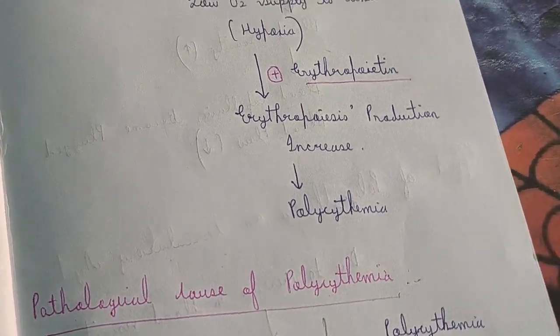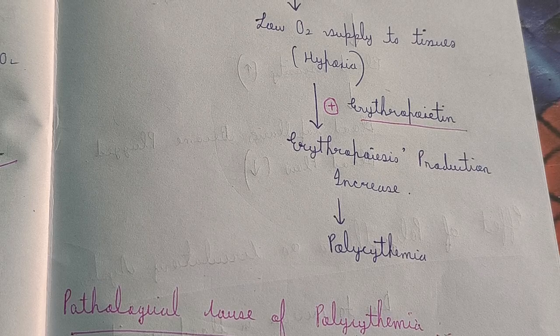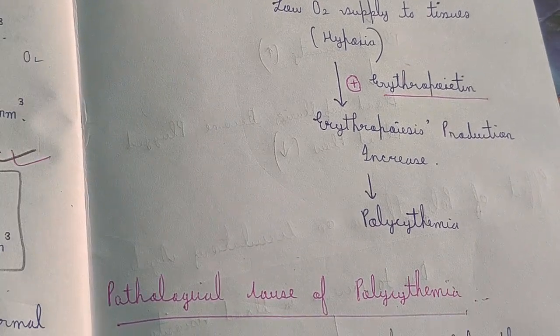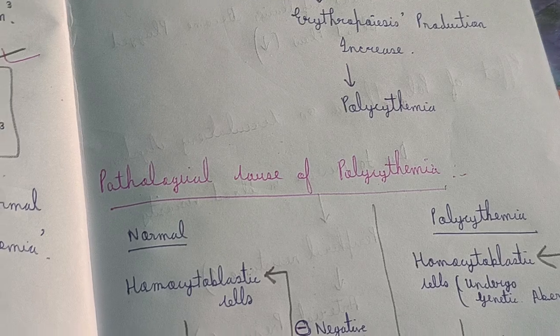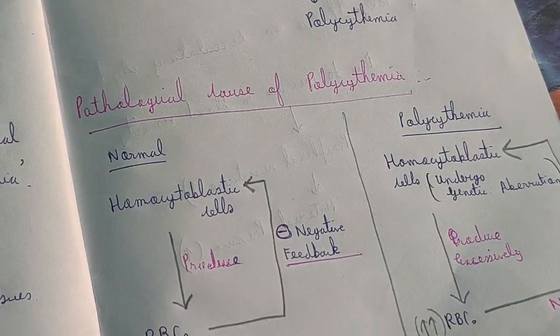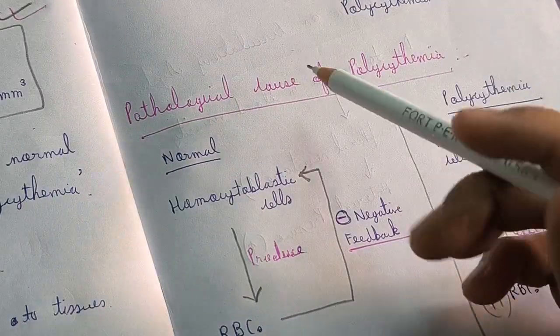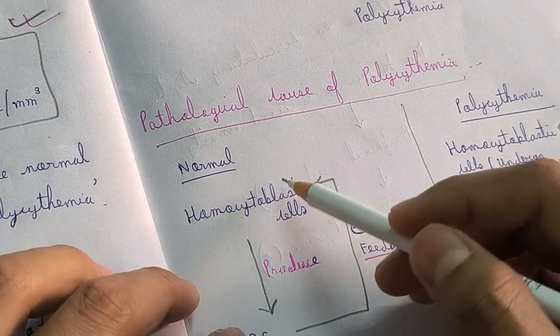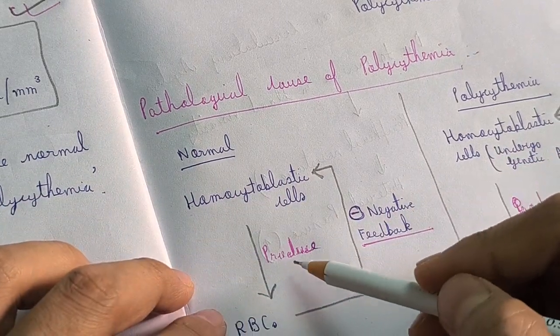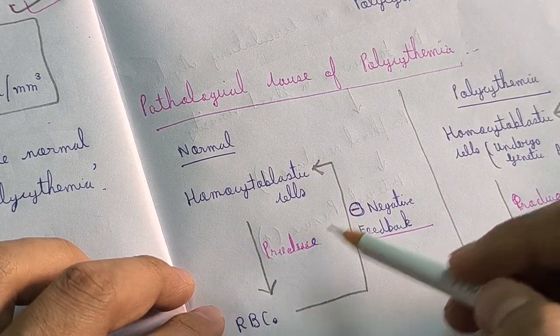Now I am going to explain the pathological cause of polycythemia. Before this, you should understand the normal situation. From homocytoblastic cells, RBCs are produced.